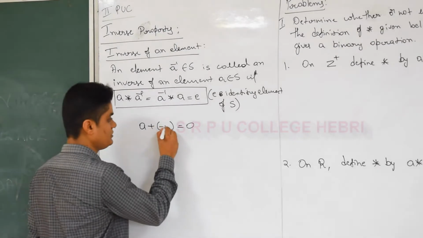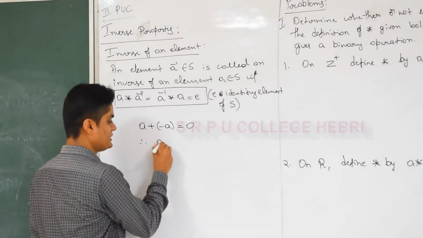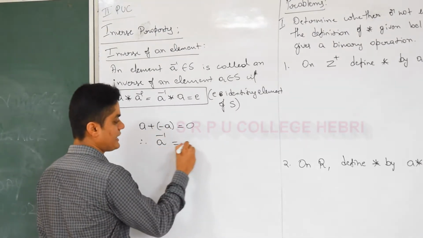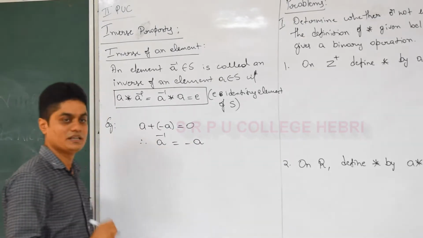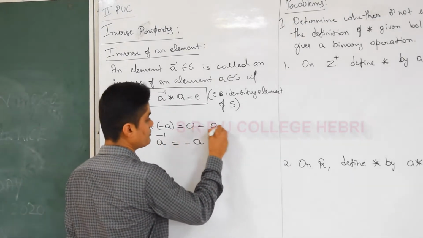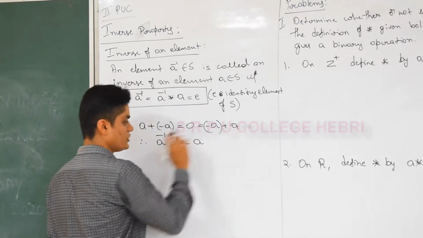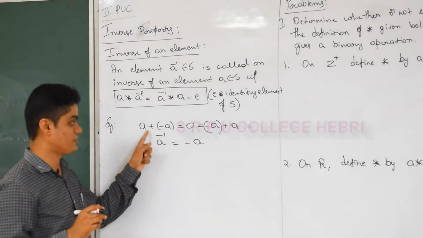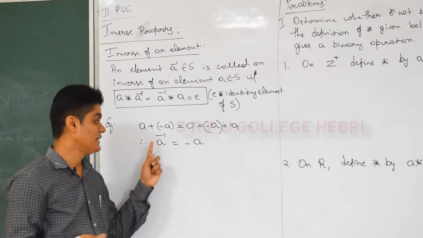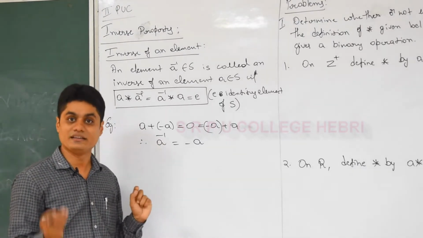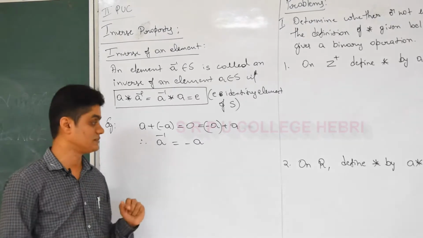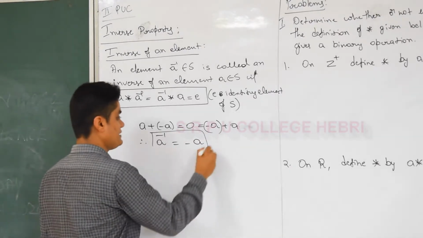Yes, minus A. So with respect to addition, the inverse of A is minus A. Not only this, minus A plus A is also equal to 0. So remember, you may have heard of the additive inverse, which is minus A.